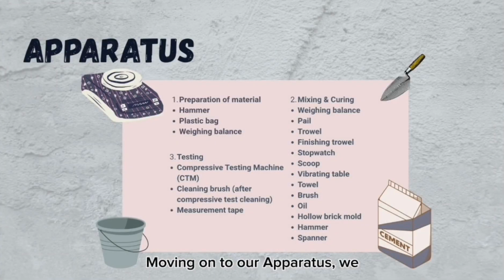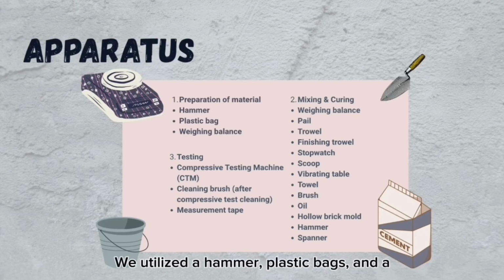Moving on to our apparatus, we categorized our tools into 3 distinct operational phases to ensure an organized workflow. First, for the preparation of materials, we utilized a hammer, plastic bags, and a weighing balance to properly process and portion out our raw ingredients. Second, during the mixing and curing stage, this is where the bulk of our hands-on tools came into play.